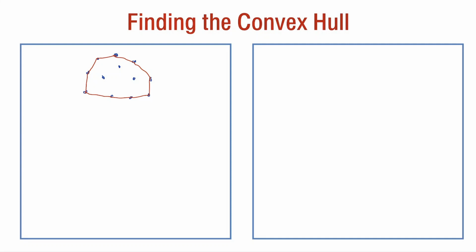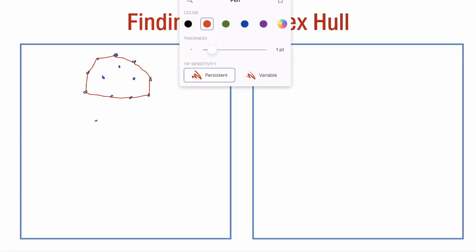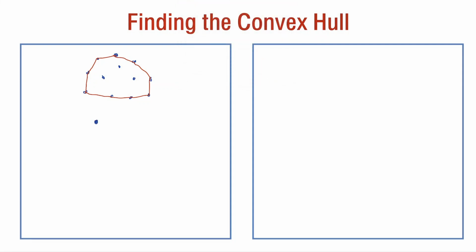So in order to find a convex hull of a set of points, suppose we are given a set of points and we want to find the convex hull of this set of points. Then we apply a standard divide and conquer technique.